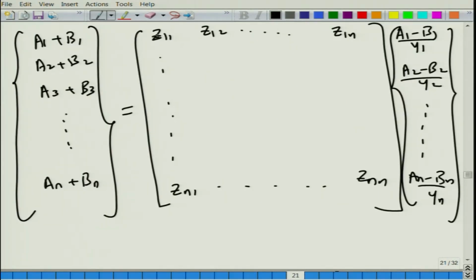You can consider this as Z11 multiplied by Y1, Z12 multiplied by Y2, and so on.